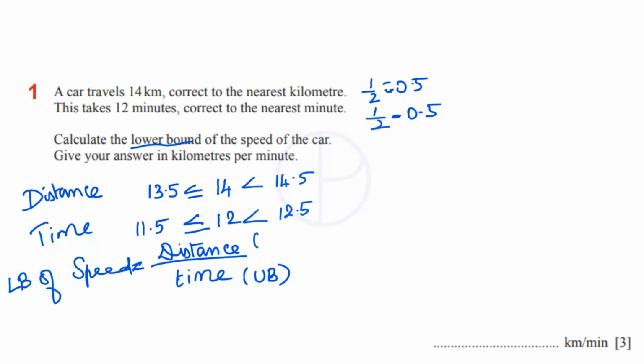So we will take lower bound for the distance. Lower bound of distance is 13.5 and upper bound of time is 12.5. 13.5 divided by 12.5.